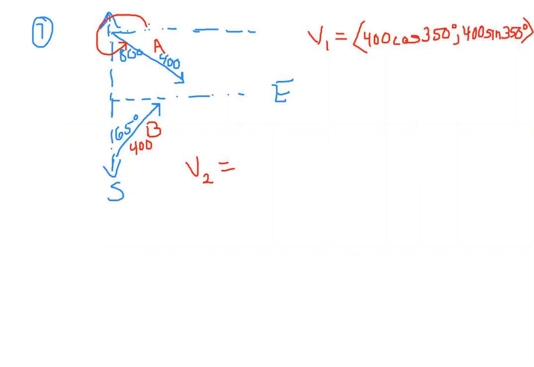Okay, down here for tugboat B, what angle are we going to use for that one? I didn't put the horizontal in for this one. We're going to use this angle right here, which is 90 minus 65. So 90 minus 65 is 25. And it's 400 cosine 25, 400 sine 25.